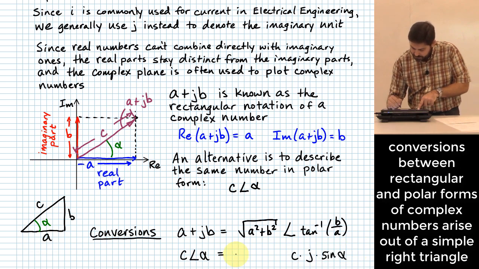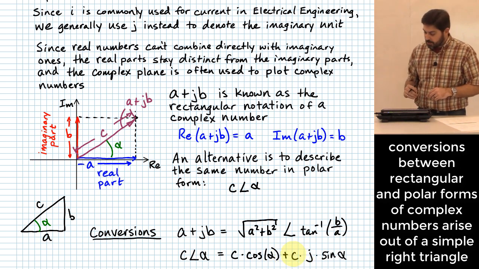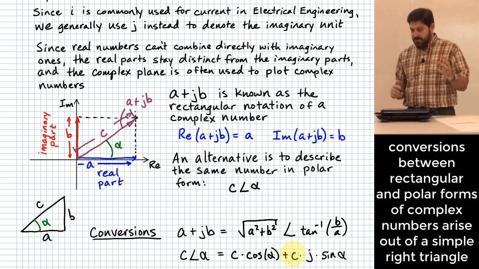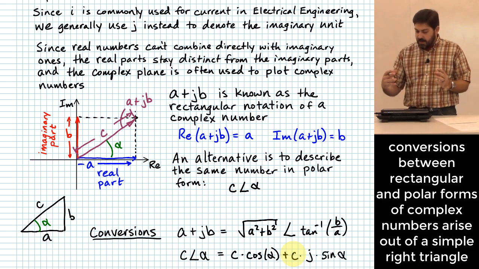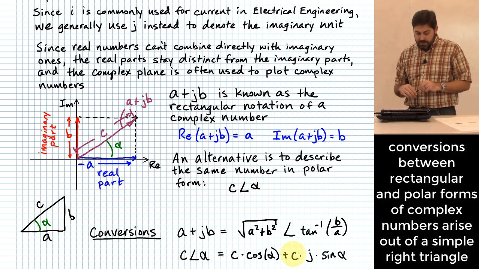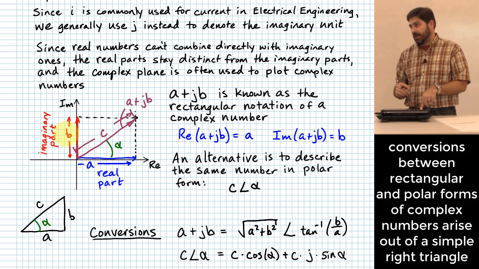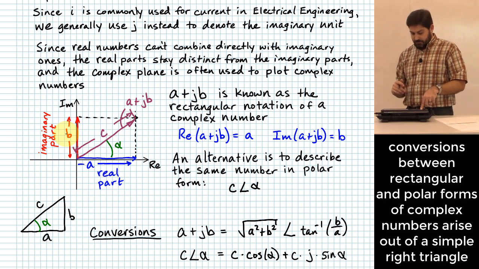That one is just going to be equal to C times the cosine of alpha, and we add these two together. It's often done that you would factor out that factor of C, so you just have C times cosine alpha plus J sine alpha. These are easy to see just by looking at the geometry of the triangle that we make in that complex plane.